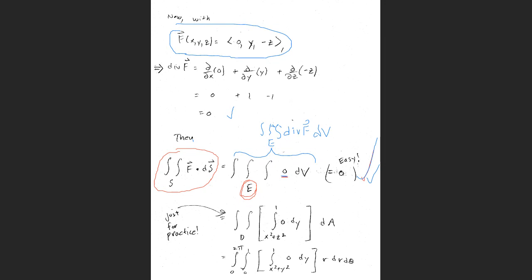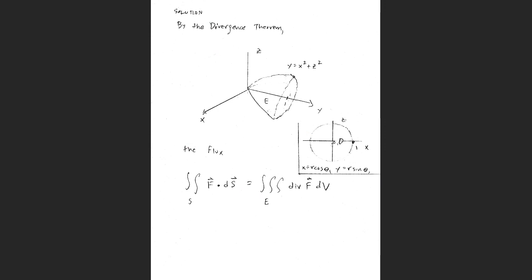So if we were to do the dV, if we go back and look at the solid here, based on what you learned in section 12.7, is this solid, they call it a region, a type 1 solid region, a type 2 solid region, or a type 3 solid region for this solid E here?